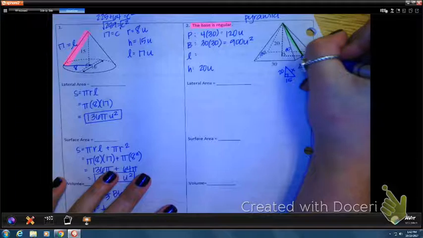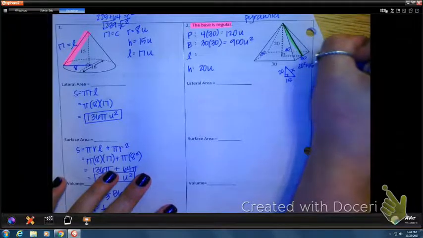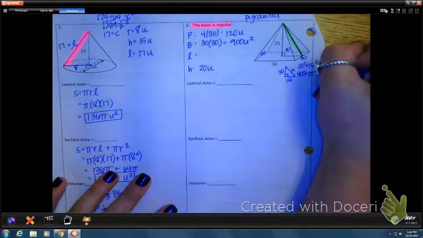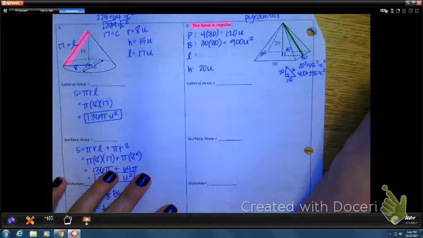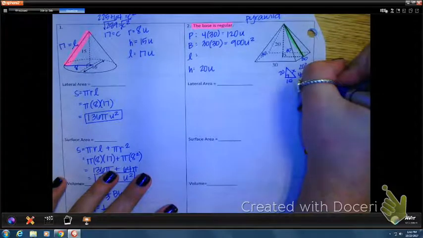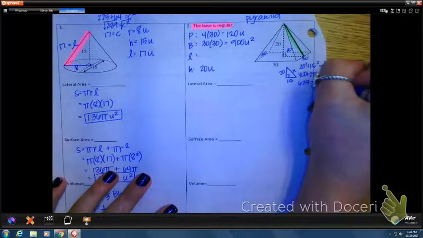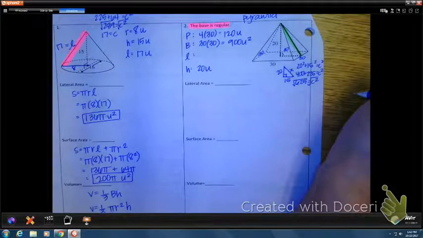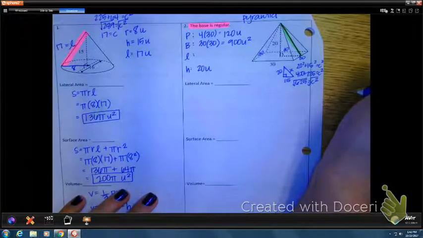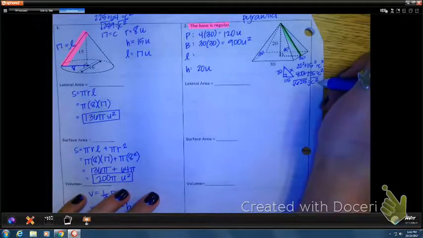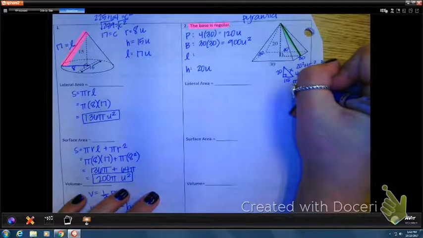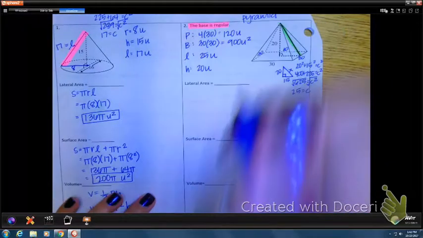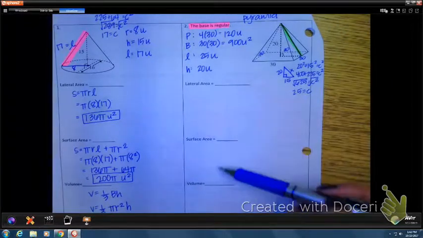So 20 squared plus 15 squared equals c squared. 400 plus 225 equals c squared. 625 equals c squared. Take the square root. And your slant height becomes 25. So 25 units.